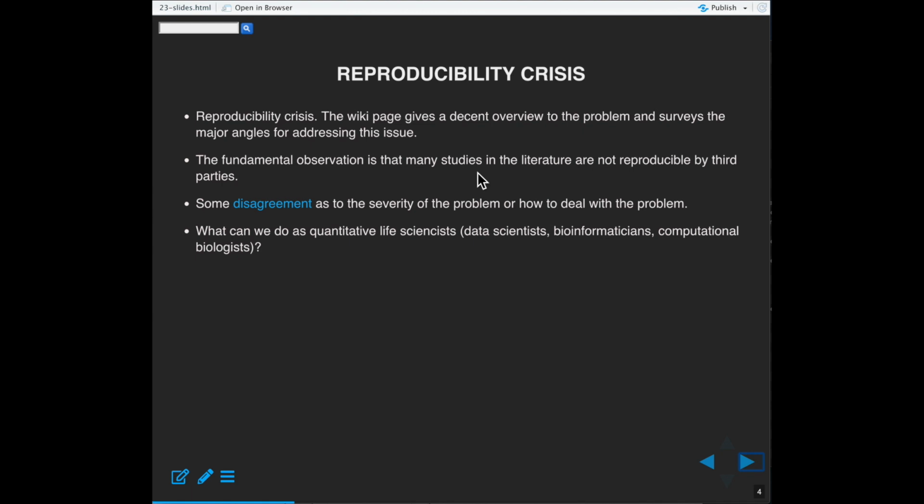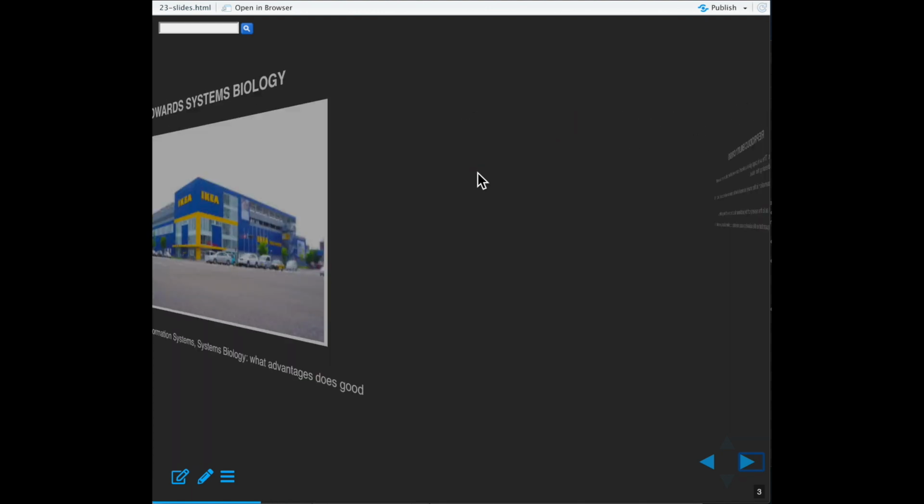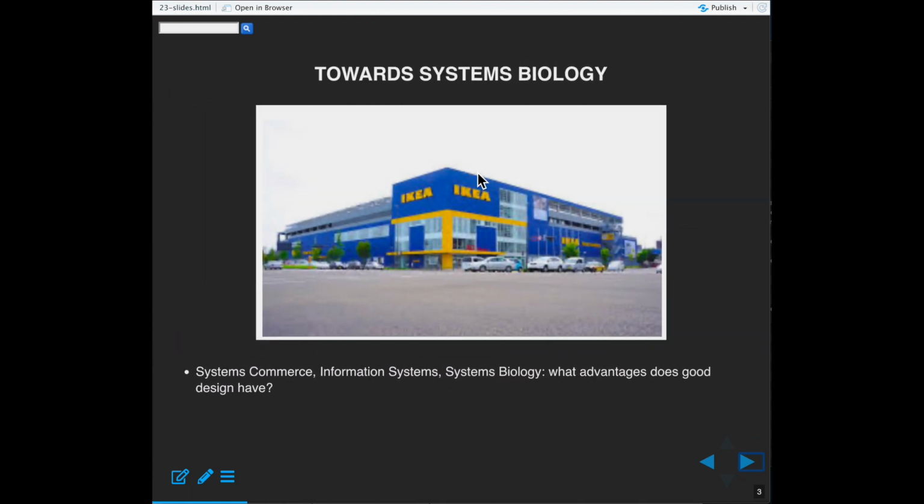And I think that the field of quantitative life scientists, whether you're a data scientist or a bioinformatician or a computational biologist, this field as a whole has a tremendous amount to offer to addressing this issue. Because, to go back to this example, well-designed information systems are going to support good biology, right? They're going to make it more accountable, essentially.